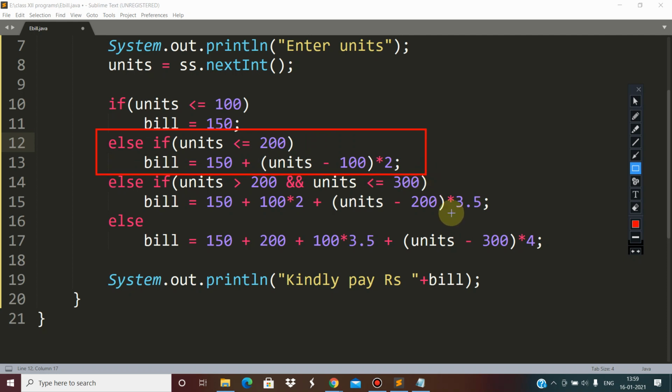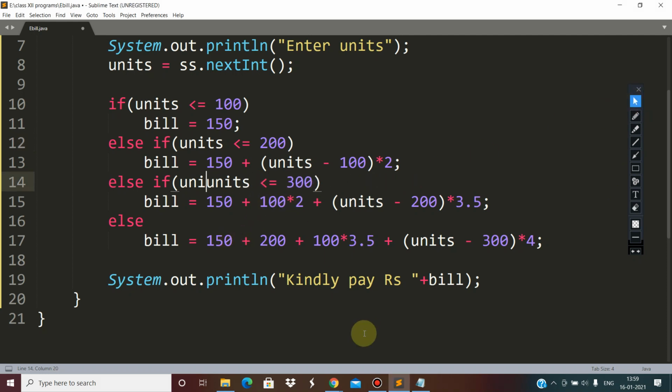If units are more than 100, then only it will check whether they are less than or equal to 200 or not. So no need to write. Even if you have written it, that is correct, but you can write this way also. Got it? In a similar way, here you need not write this. So now your conditions are short.